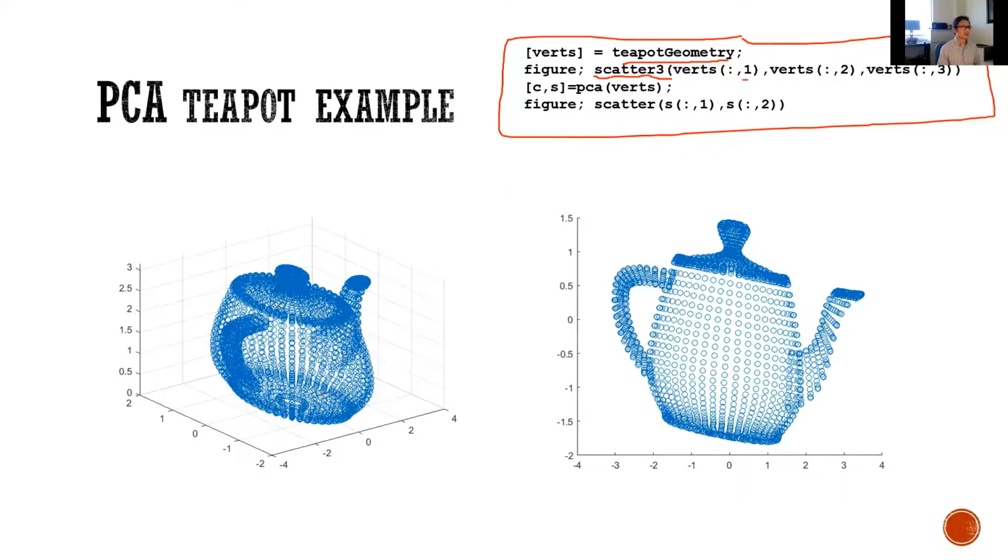So you have coordinates 1, 2, 3. After that, we are going to use PCA to learn from these data points and create a new coordinate system. The information is embedded in the variable C. And then after you project the data points using this new system, you get the new positions of the data points of your teapot picture.